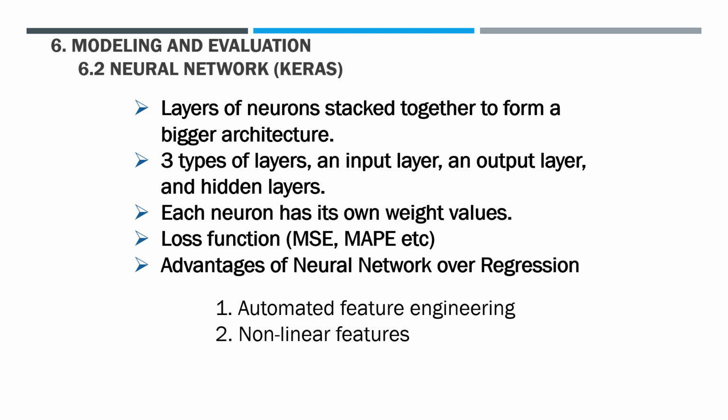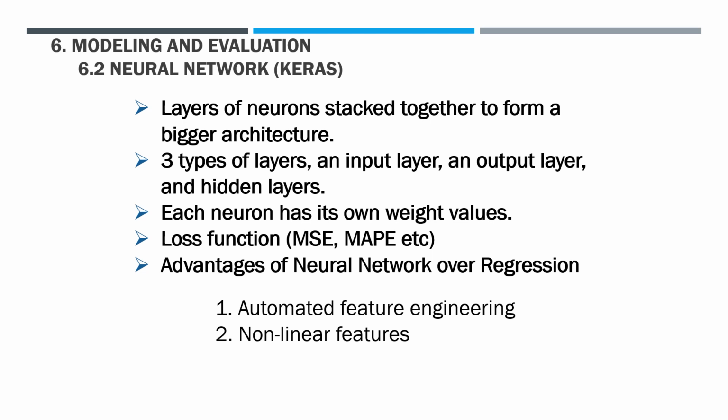Next I moved on to deep learning. Keras deep learning library was used to build a neural network. A neural network is a combination of layers of neurons stacked together to form a bigger architecture. There are three types of layers in a neural network.